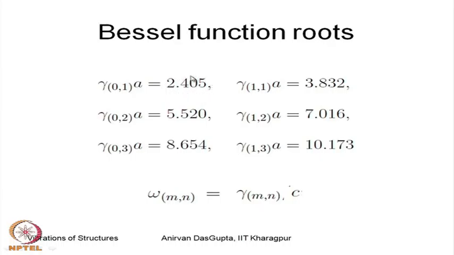These are with m equal to 0, these 3 that we have seen, and this is with m equal to 1, the first root, the second root, etc. Therefore, the circular eigenfrequency or natural frequency of the circular membrane is given in this form.